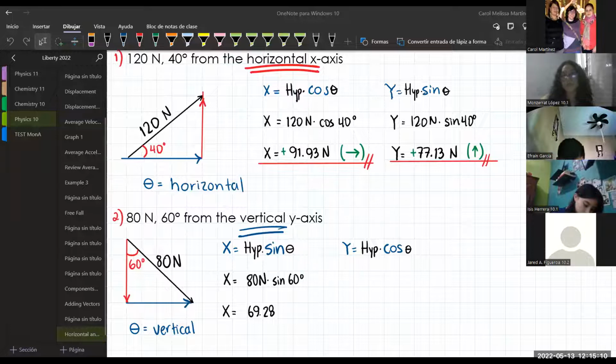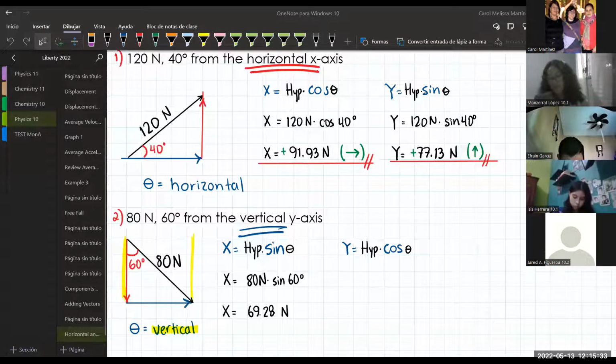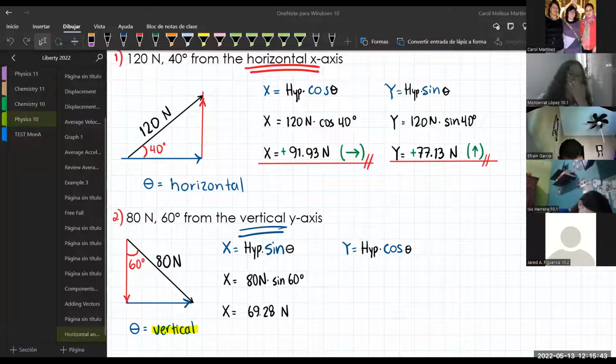Okay, 69.28 for x. These are Newton. Remember that when we have a vertical angle, is because this angle is touching the vertical axis. The vertical axis is this one, okay? Or this one. Remember, vertical, horizontal. So this is my x, and my x was going to the right. Therefore, x is going to be a positive one.